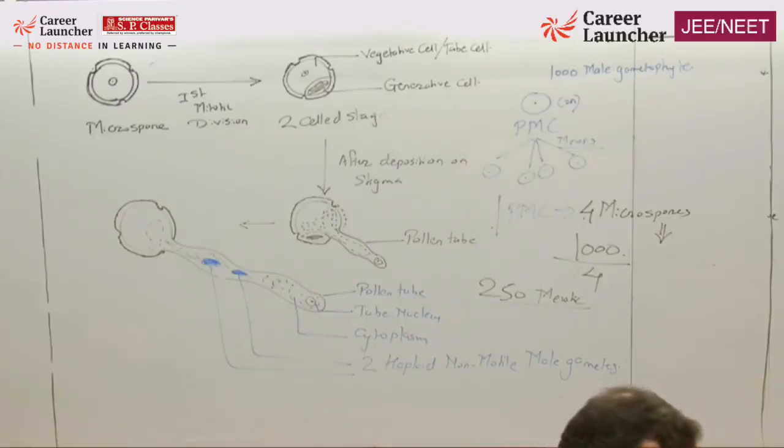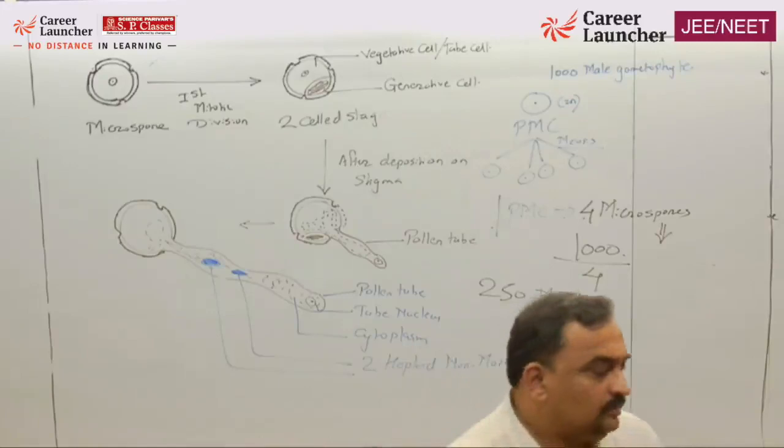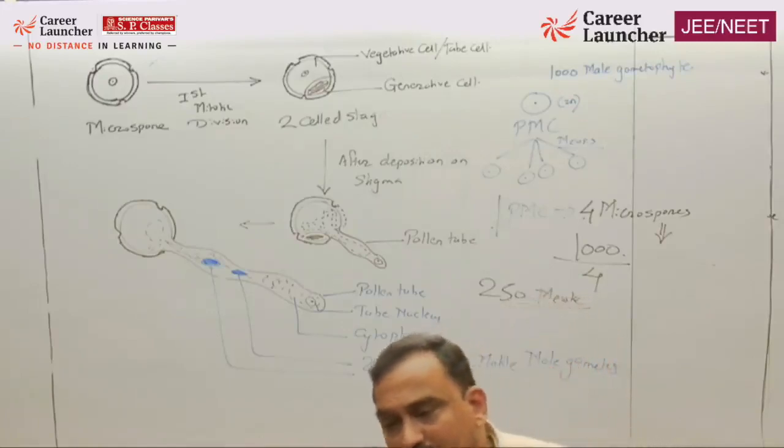Hence, 1000 into 2, that is 2000 mitotic divisions are required.